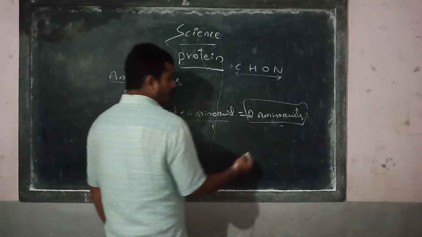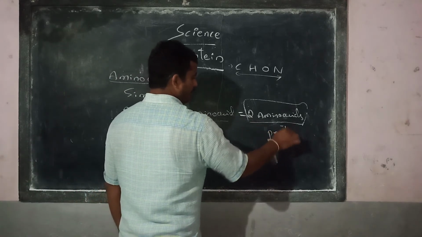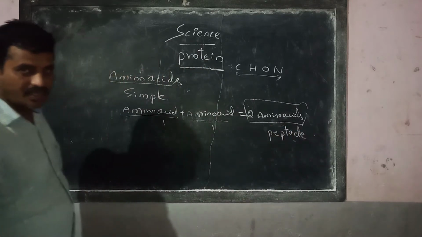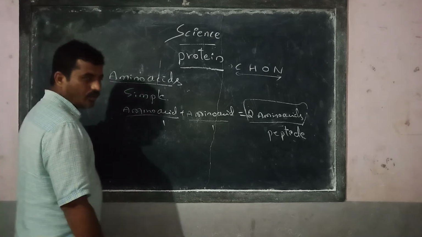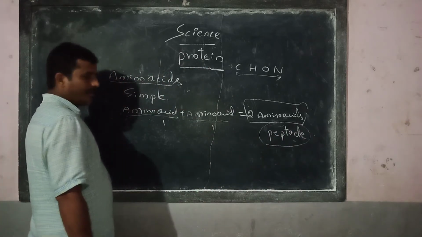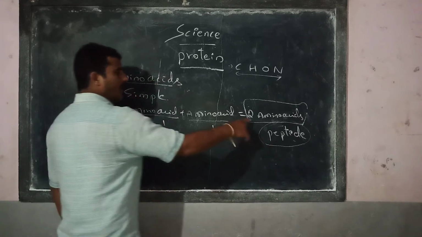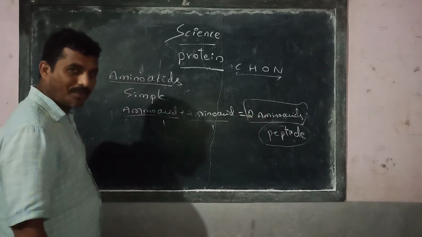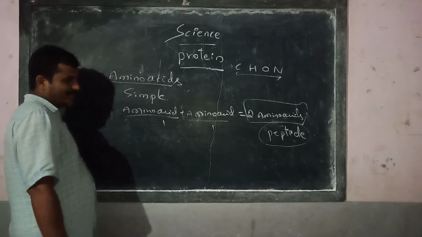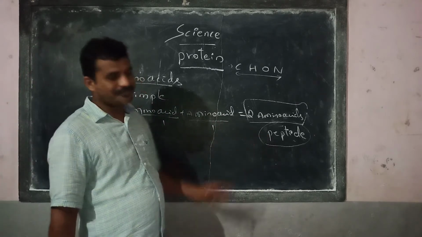Now it is said to be a peptide. So now compare: a peptide is made of two amino acids.